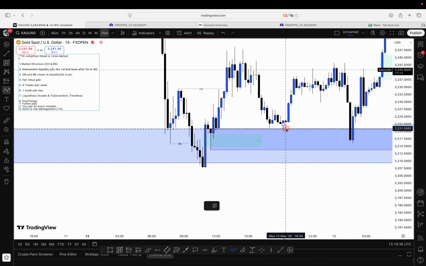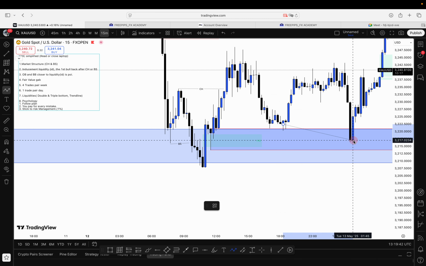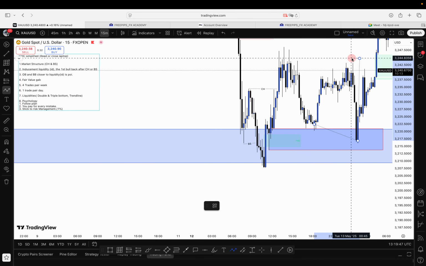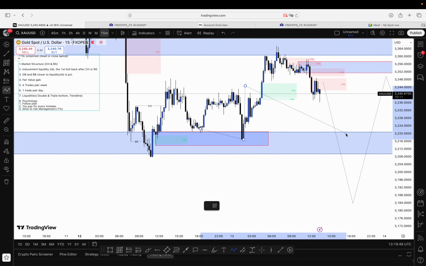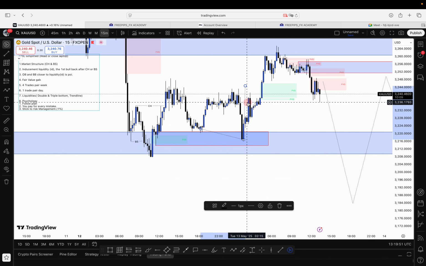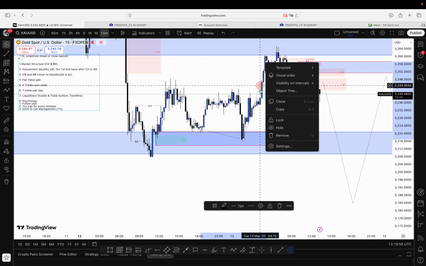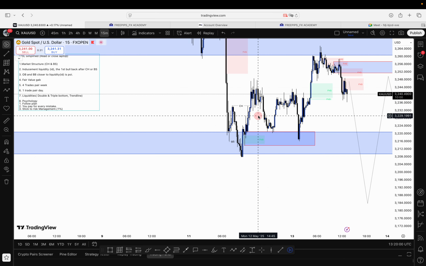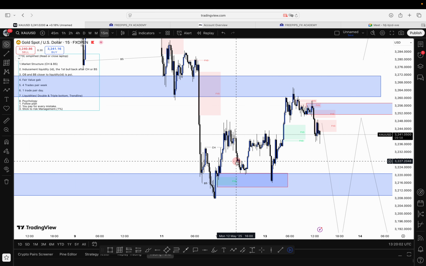It respected it and went up again, creating here an inducement, then came back again, then respected it finally. So it tested it 2 times. So that is why we have this push to the upside here. So if you identify this, you only wait for your entry at an order block.